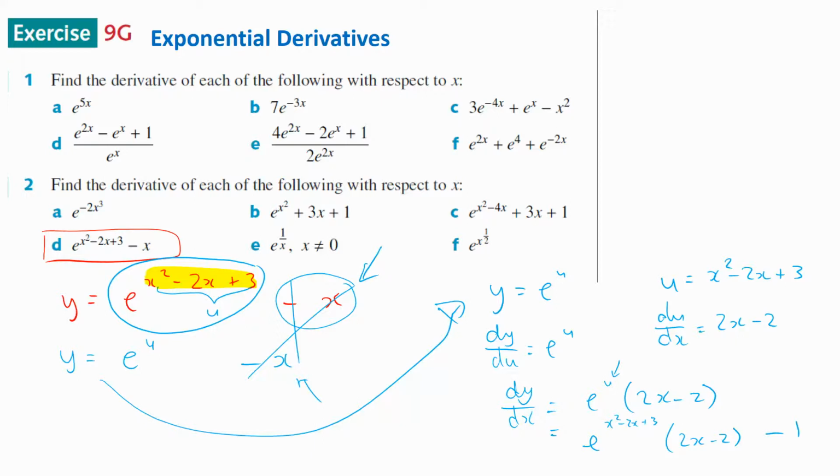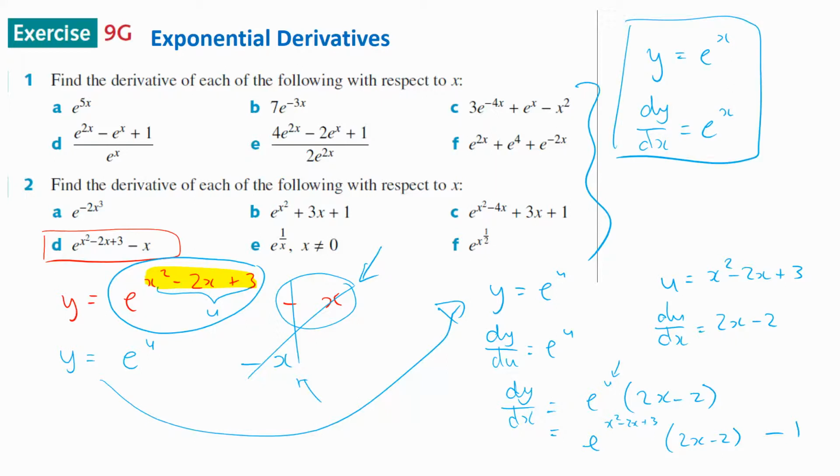And voila, you're done. Okay, that's dy/dx of the problem. Easy. Okay, so all of these questions you should be able to do now is just chain rule and the one rule that you had to use, which is that chain rule, and this together gives you question 1 and 2 of 9G.